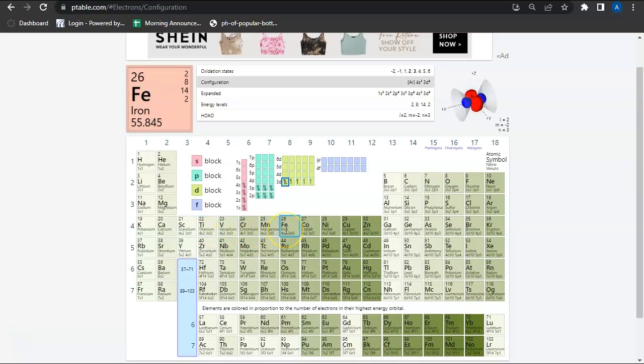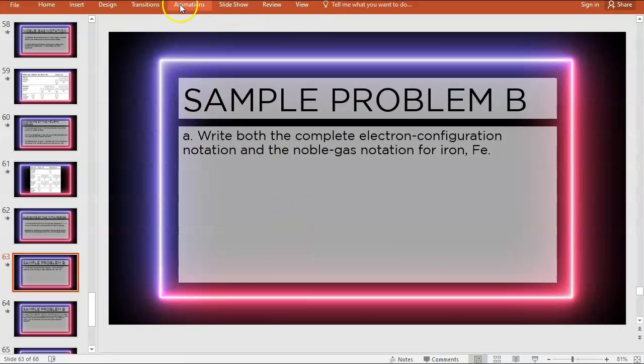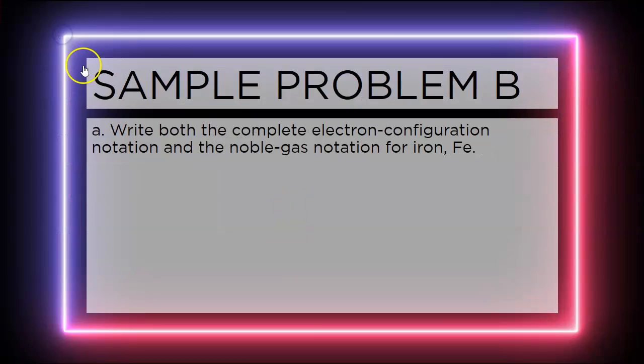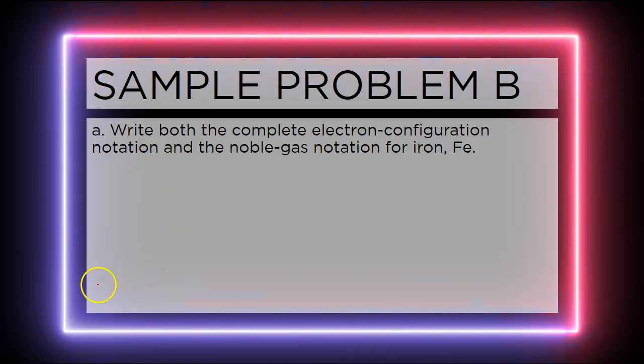So it's going to be 3d6. So when we write that out, it's going to look like 1s2, 2s2, 2p6, 3s2, 3p6, 4s2, and we said 3d6.